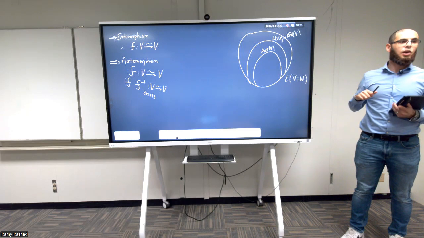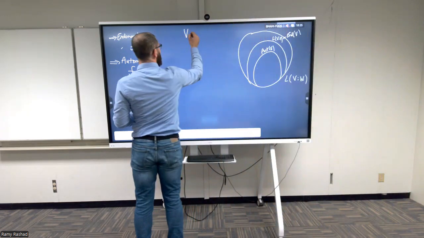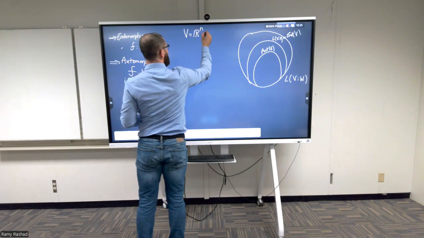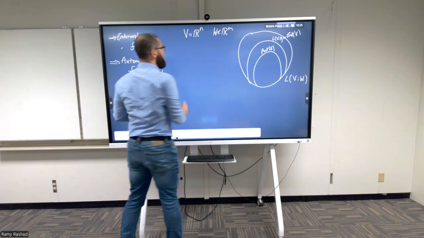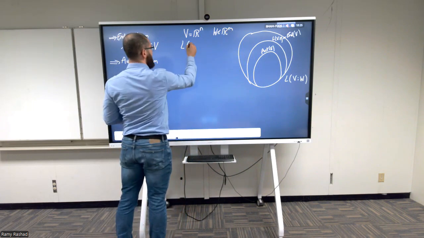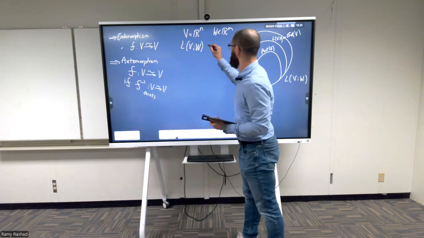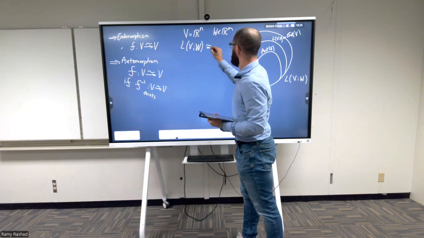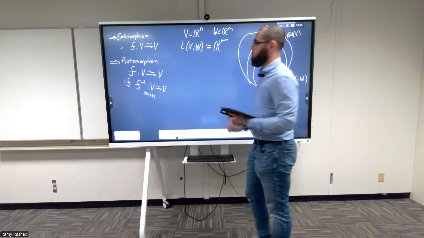Now let's look at R^(n×m). So if V is R^n and W is R^m, then we said that this set of linear maps from V to W is what you know as R^(m×n).